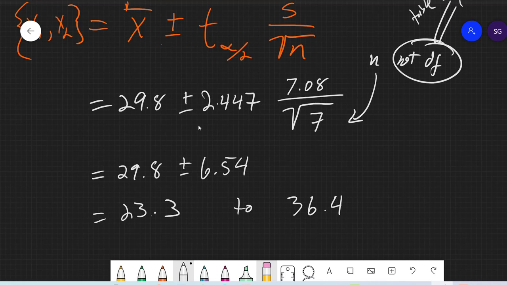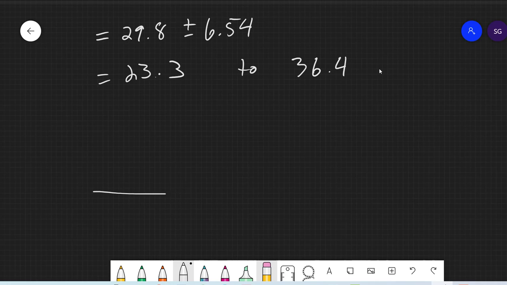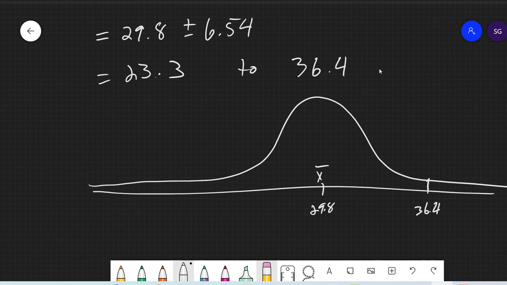If we were to then draw our normal distribution as opposed to our standard normal distribution, we would get, again, a two-tailed problem that looks something like this. This is 36.4. I know that my x bar is 29.8. This is 23.3, such that the area under the curve here is 0.025, and the area under the curve to the right of 36.4 is 0.025.